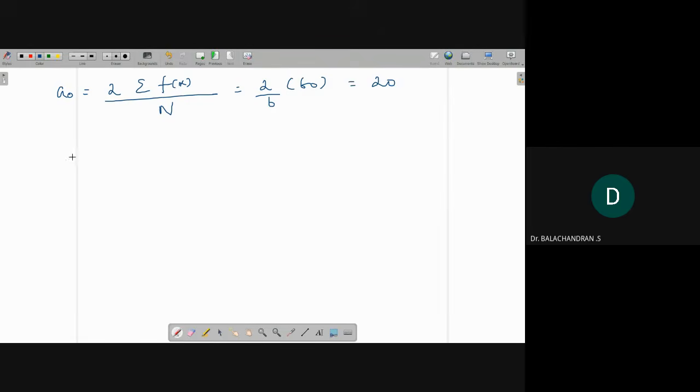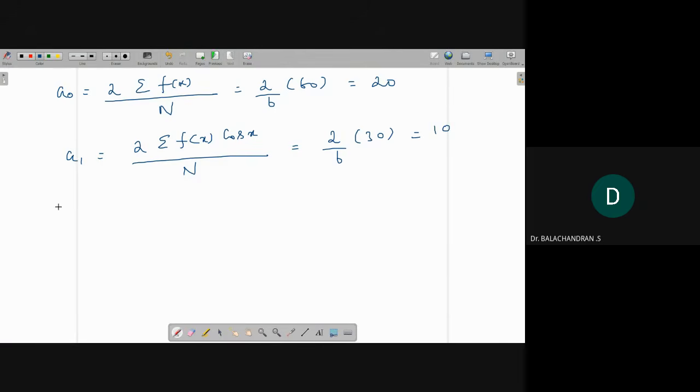A naught is 20. A1 is 2 into sum of f of x into cos x divided by n. That is equal to 2 divided by n is 6. This is 30. This is 10. A1 is 10.